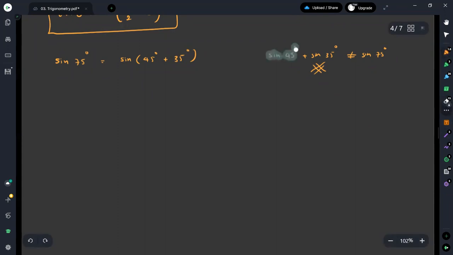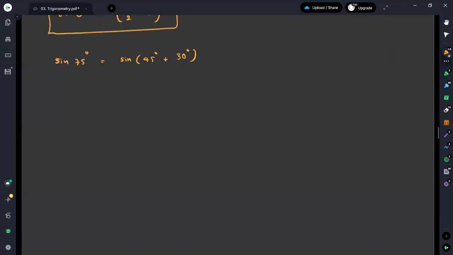Inside the same sine function, we are going to divide the angle into two other angles. Here it should be changed to 30 degrees: 45 degrees plus 30 degrees gives us sine 75.